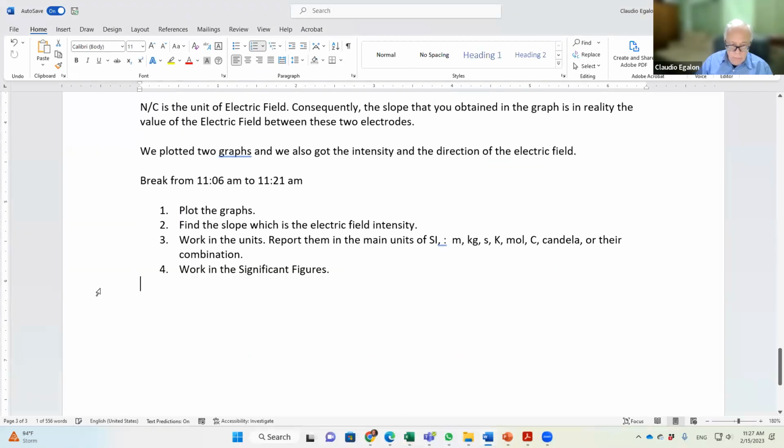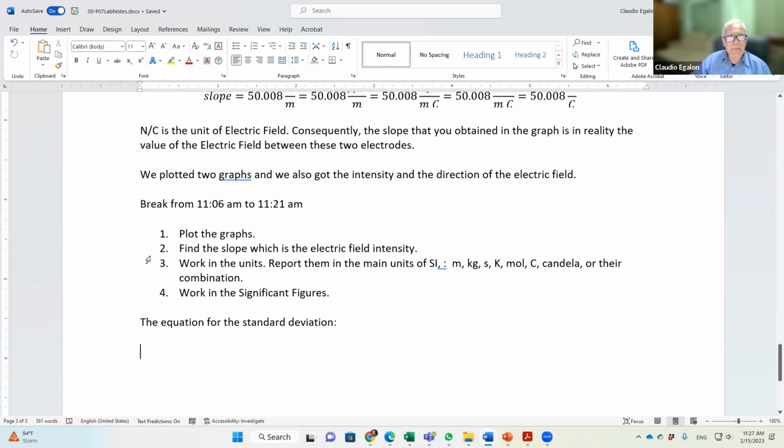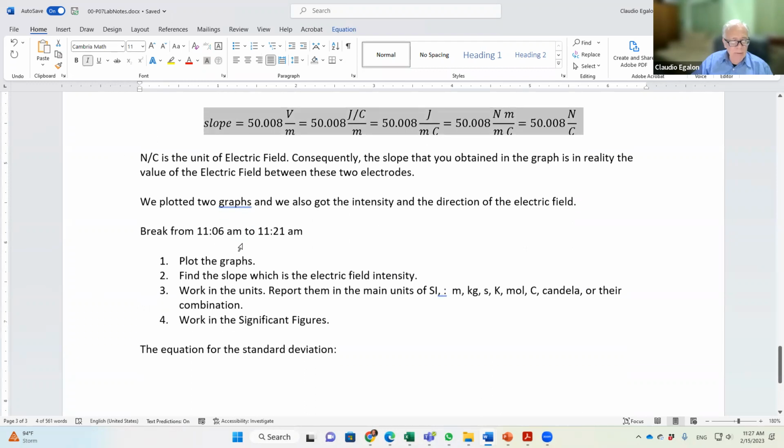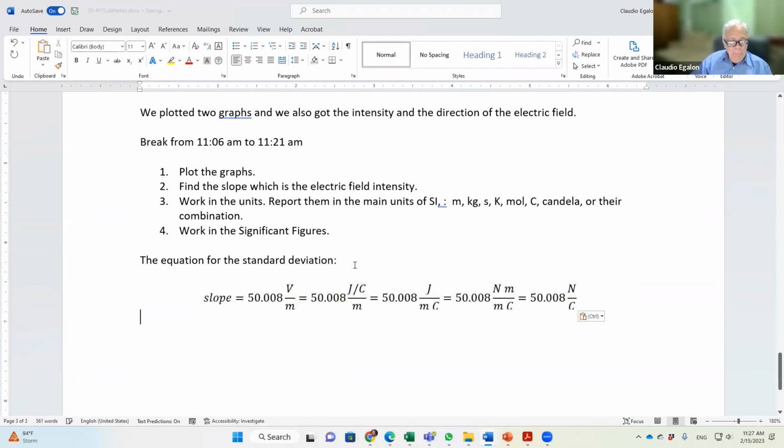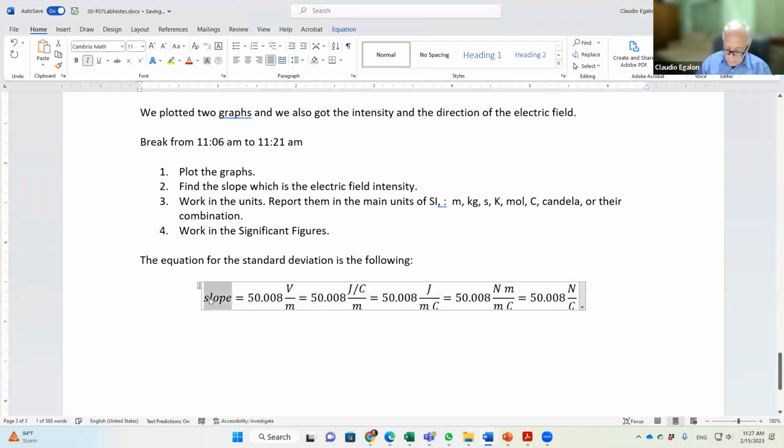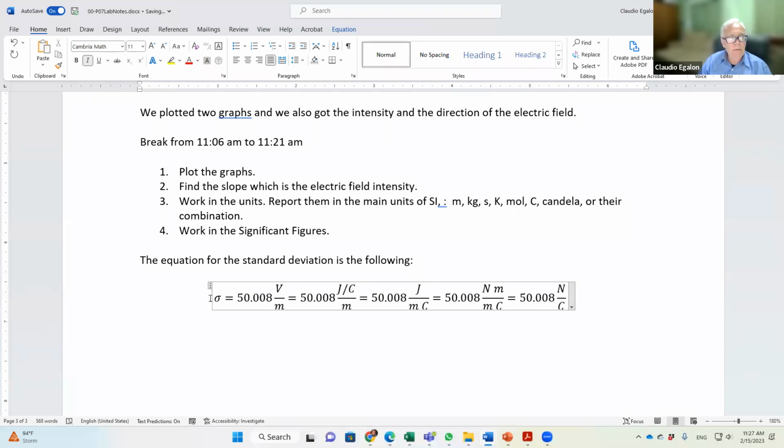The equation for the standard deviation, that's basic statistics, is the following. Sigma.